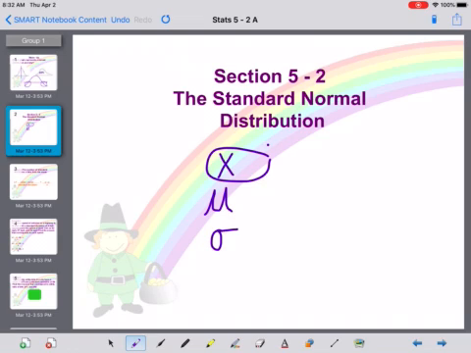And then baby sigma is your standard deviation. A lot of you probably don't even remember what that means. You just know it is standard deviation. Standard deviation, remember, tells us about how spread out our data is. So the bigger your standard deviation, the bigger your range is generally, or your data points are very far apart from one another.